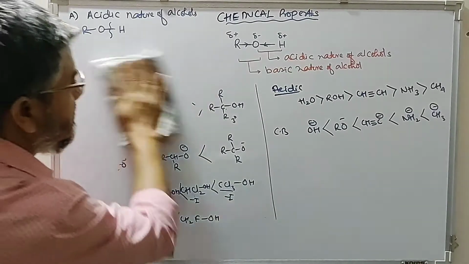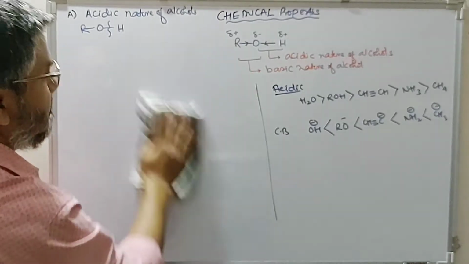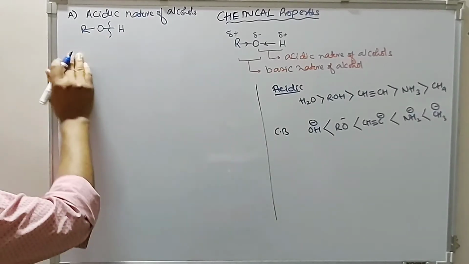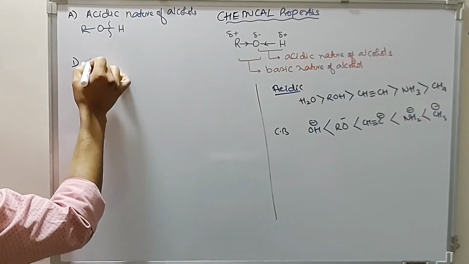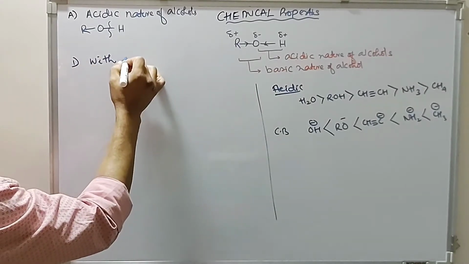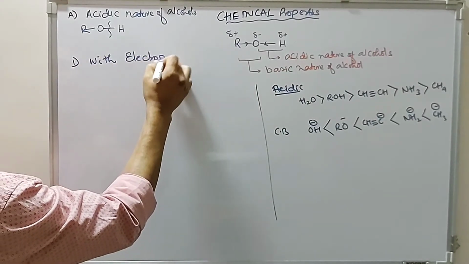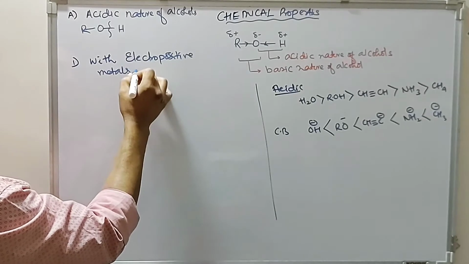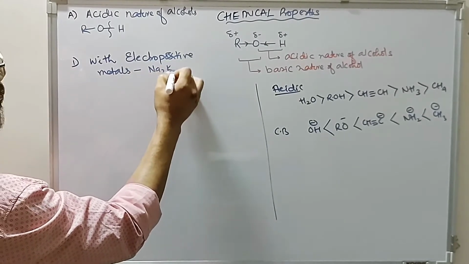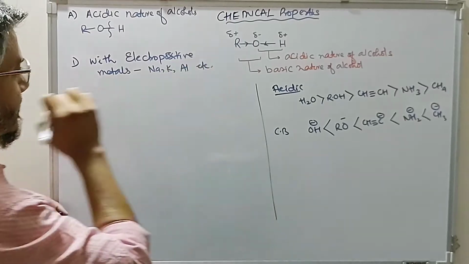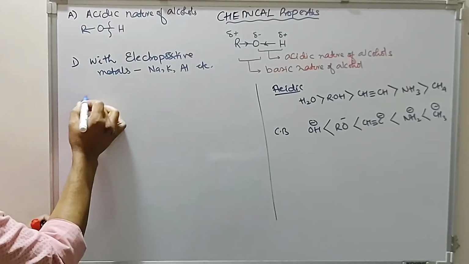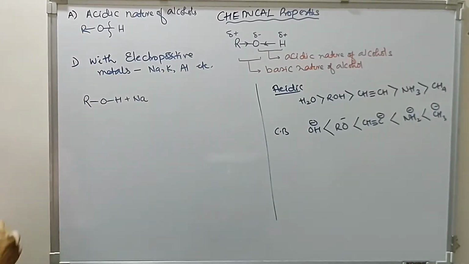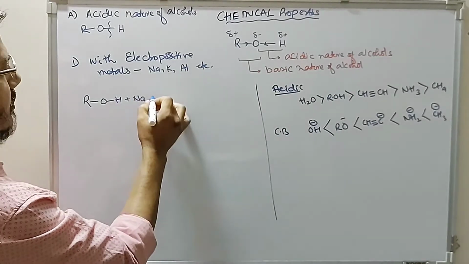One of the most important reactions which shows the acidic nature of alcohol is the reaction with electropositive metals like sodium, potassium, aluminium, etc. Alcohols react with these highly electropositive metals like sodium, potassium or aluminium.